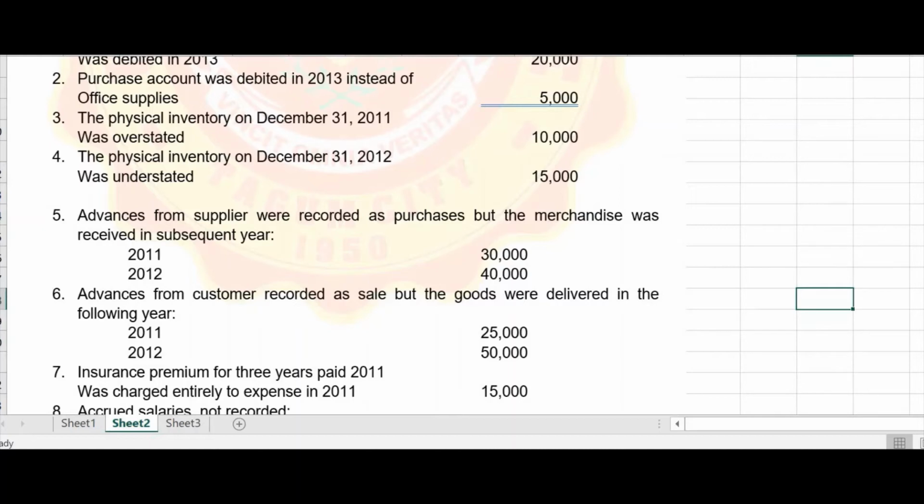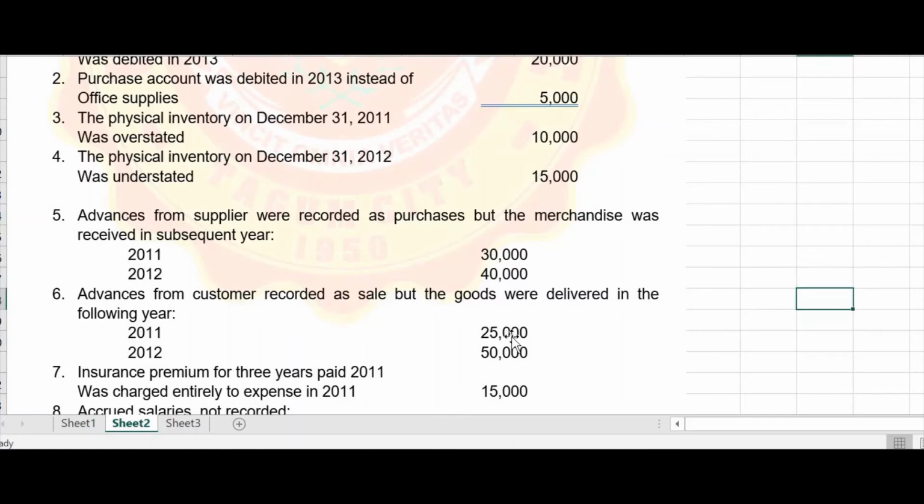You receive advances from customer for 2011, amounting to 25,000, then you recorded it as sale instead of recording it as advances from customer. You recognize it as sales already.